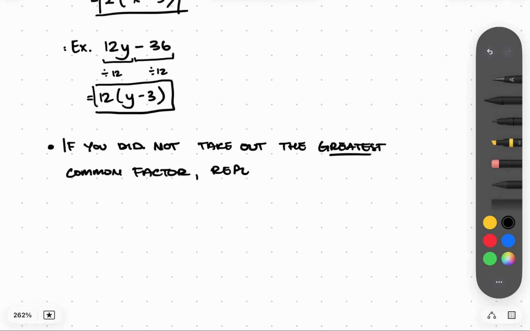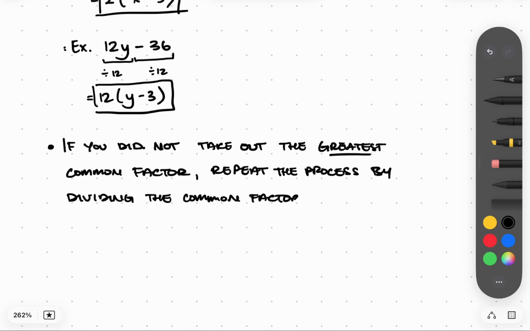Repeat the process by dividing the common factor and multiplying it with the previous number.